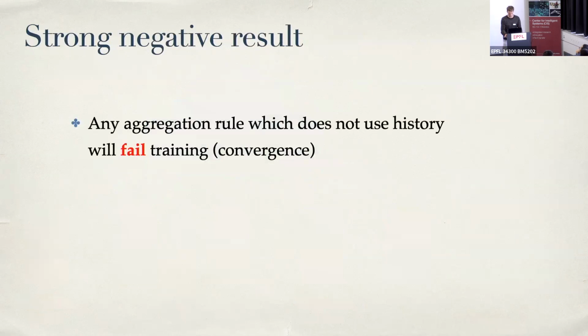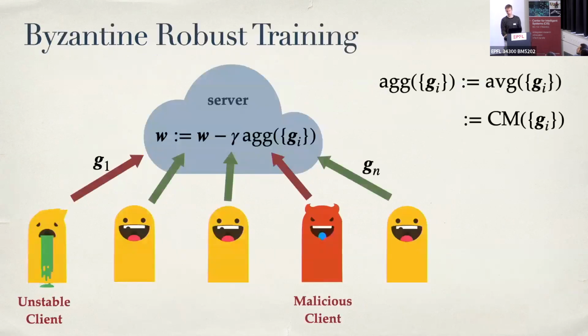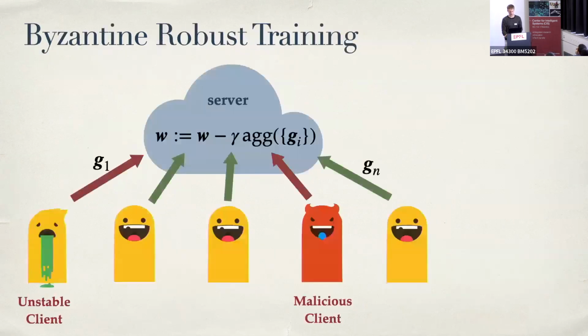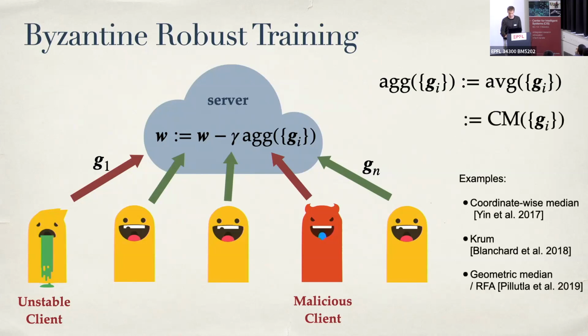There is one result which we were thinking about: if you just ask this question in every time step separately, like today I will decide these are my good workers and I will average with them, and you don't remember who sent you the bad vector, if you don't try to build knowledge and learn who are the good workers and the bad ones, then you cannot learn.